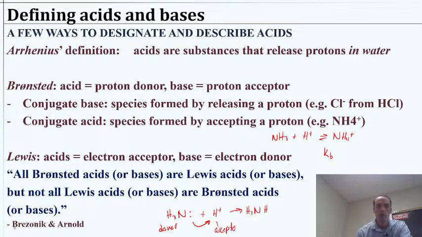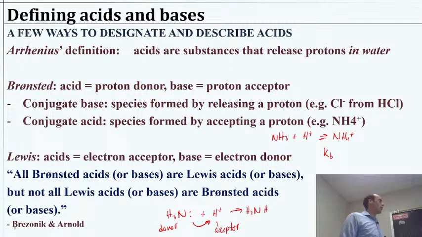So it's just another way to phrase the same concept, but it also takes us out of the realm where it must be a proton. We're talking about protons here, but in fact, sometimes there are conditions where it's not actually a proton doing this acidity basic type of action.